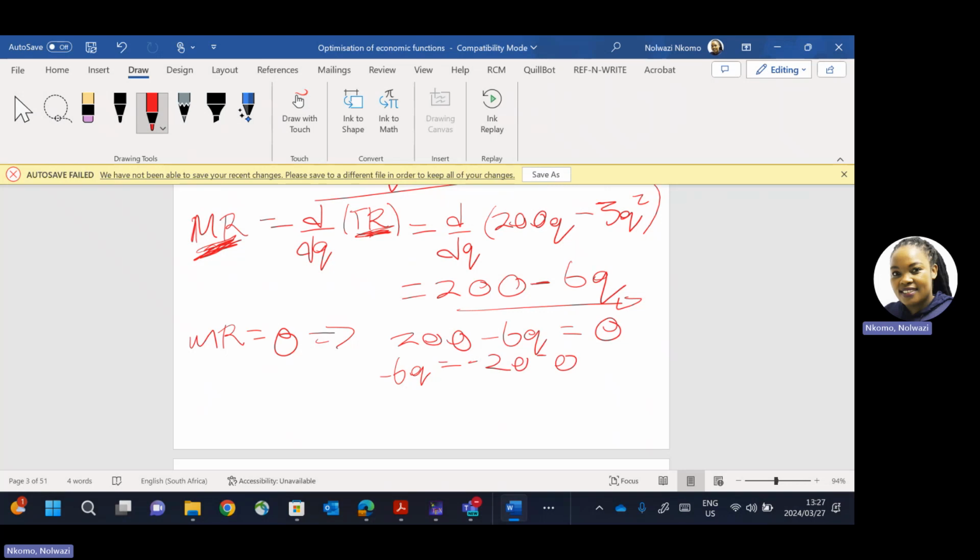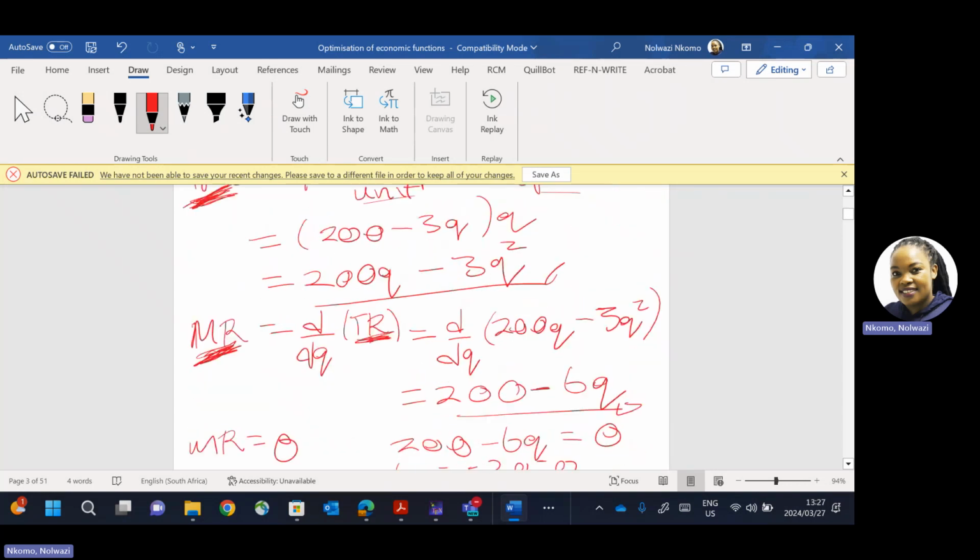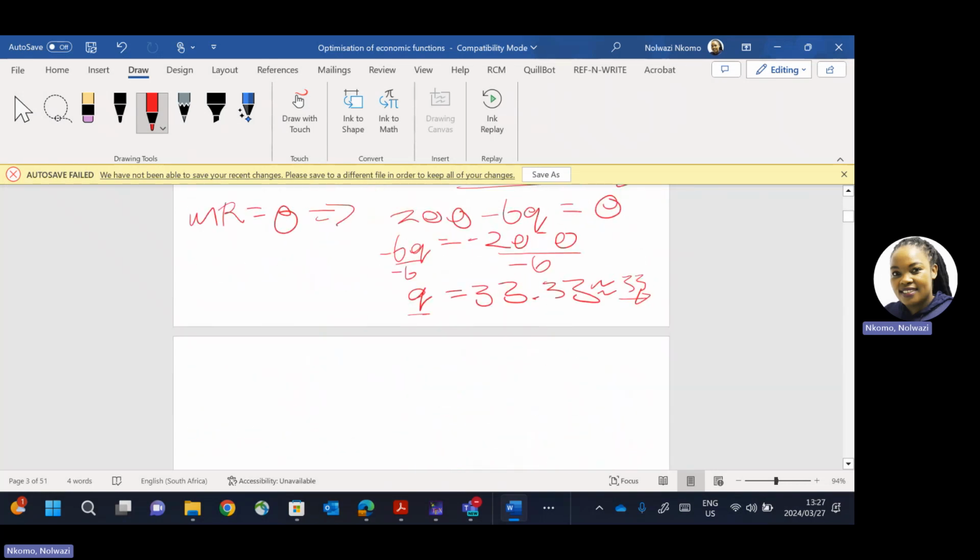Divide by minus 6 on both sides, and we'll have Q equals 33.33, which we can round off to 33. So this simply means the turning point of the total revenue function is where Q is equal to 33.